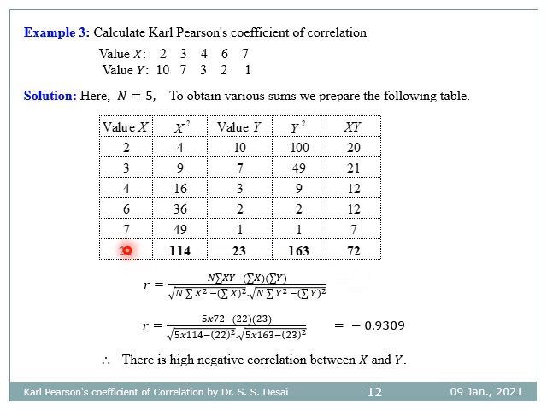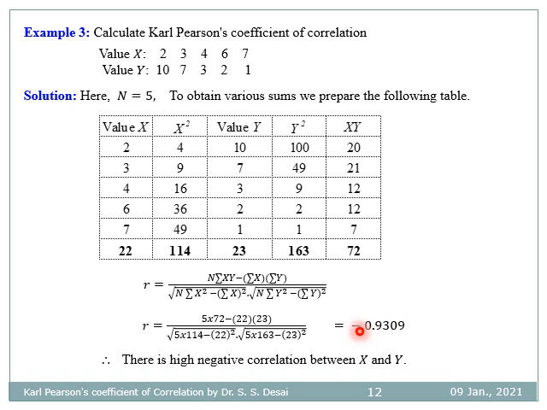By substituting these sums, we have r equal to 5 into 72 minus 22 into 23, divided by root of 5 into 114 minus 22 square, into root of 5 into 163 minus 23 square, and after simplification we have minus 0.9309.